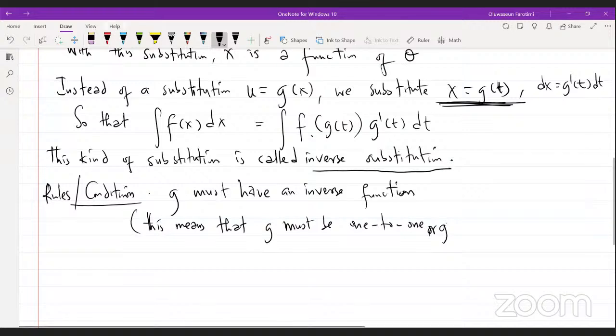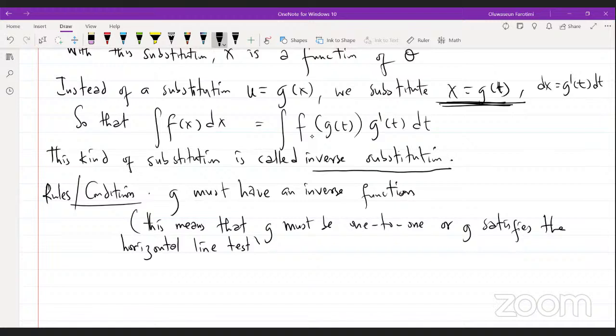This satisfies the horizontal line test. Makes sense, guys?